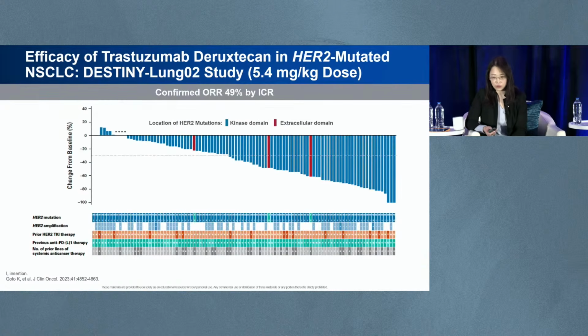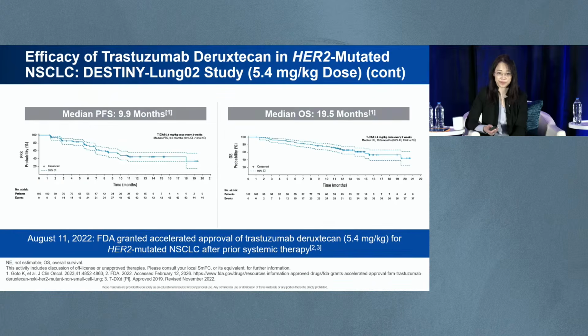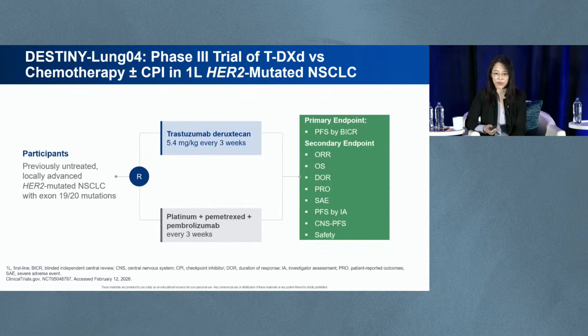In DESTINY-Lung02, the efficacy was overall maintained. The response rate is still in the 50% range, and the pneumonitis rate significantly decreased. That's also associated with our awareness of early detection of pneumonitis and early treatment with steroids. The duration of response, including PFS, is 9.9 months, and overall survival in the study is 19.5 months.